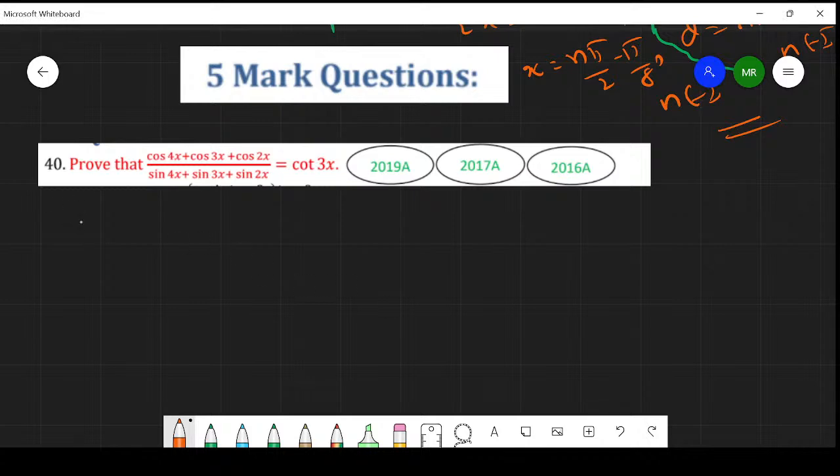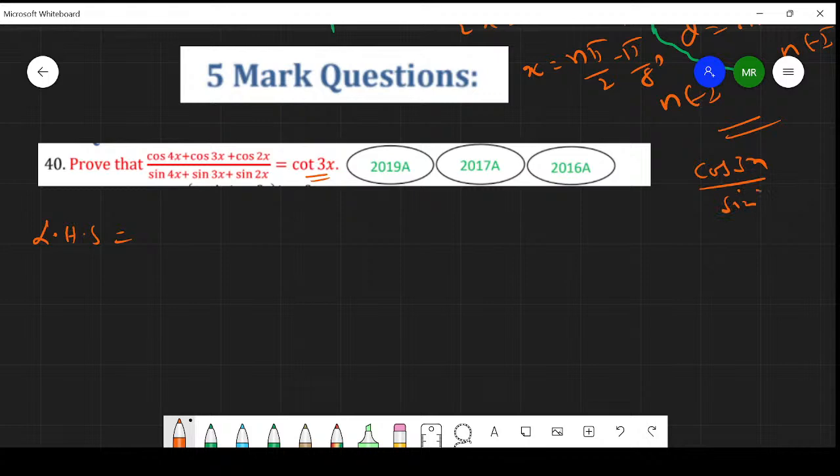You write LHS. Numerator: cos 4x plus cos 3x plus cos 2x by sin 4x plus sin 3x plus sin 2x. See, right side we have cot 3x. What is the meaning of cot 3x? Cot 3x means cos 3x by sin 3x.